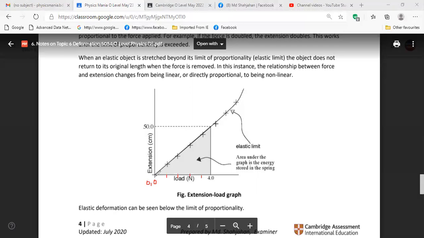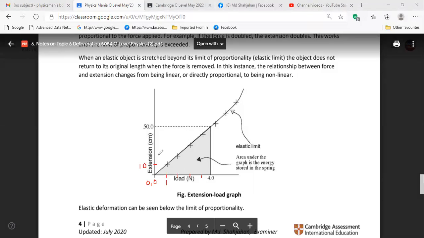That means if we apply a force of 1 Newton, then we have here 10 centimeter. Label this way.